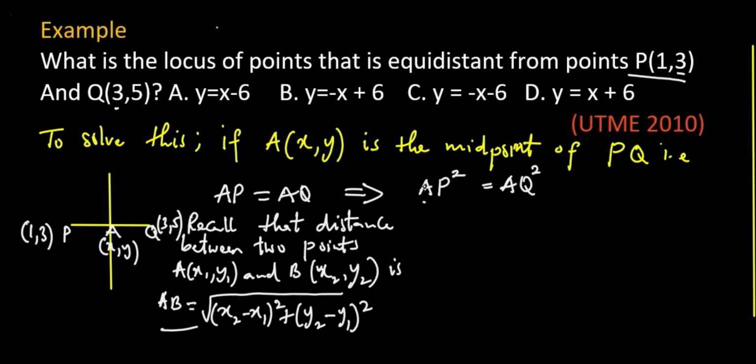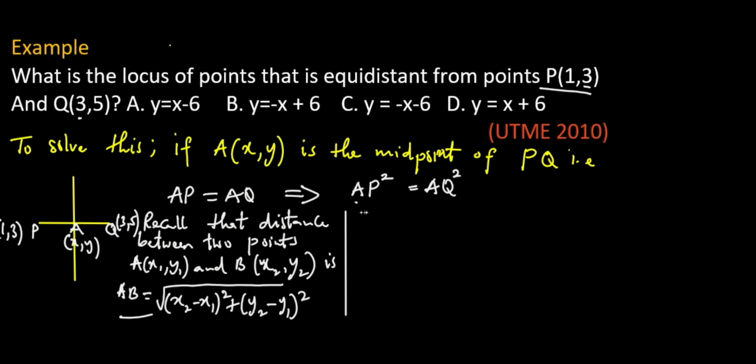Okay, so we'll say that the distance AP will be the x coordinate of A minus the x coordinate of P. So you have x minus 1. We square it according to the formula there. We square it plus the y coordinate of A, minus 3. We square it as well. We won't have the square root because AP is squared already.